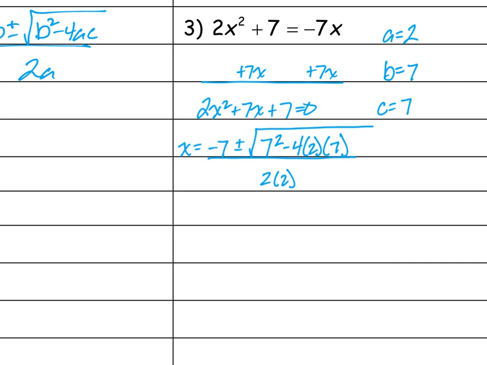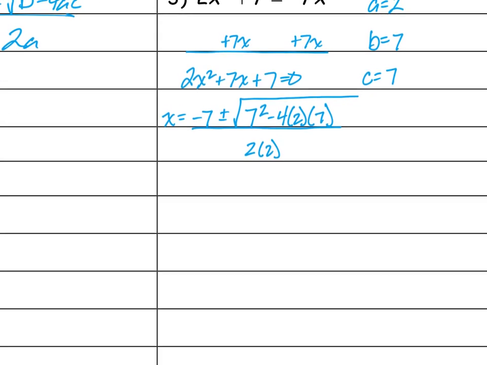Beautiful. Oh, I probably shouldn't have done this problem. I didn't check this problem out. Oh, well, we're going to do it. So it's going to equal negative 7 plus or minus the square root of 49 minus, what's 14 times 7?